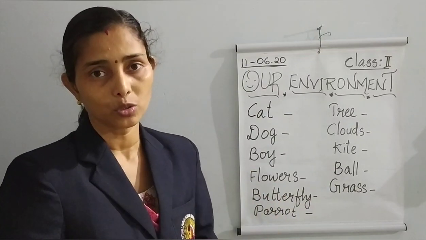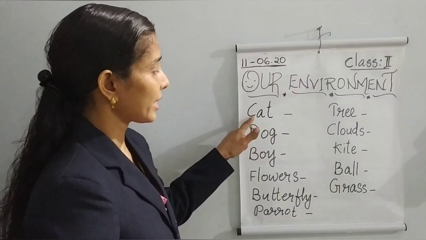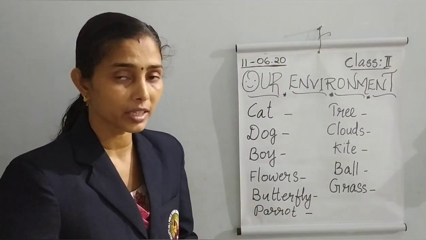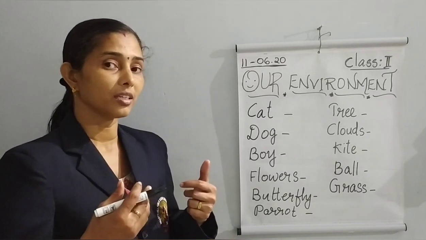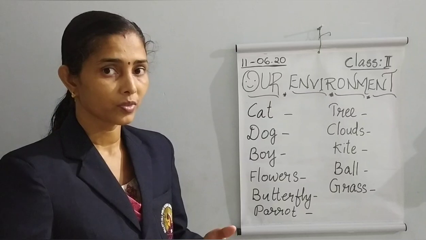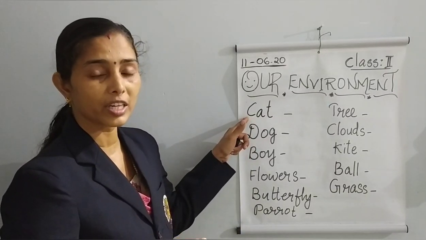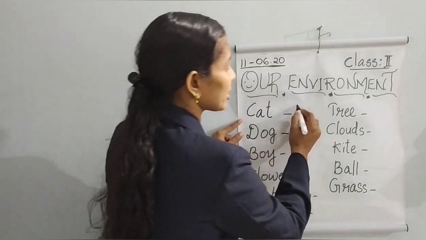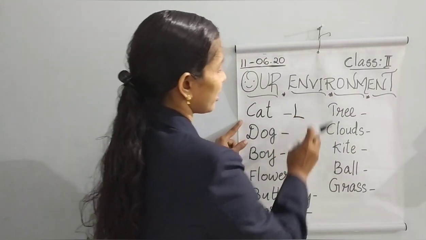group them into two. So all of you say along with me, the cat we can include. Cat has life in it. It can breathe. It can eat food. Can it grow? All of you say, which category can we put this cat in? This cat is a living thing. So we can put L for it. Living thing.